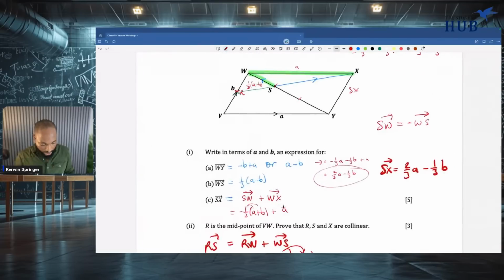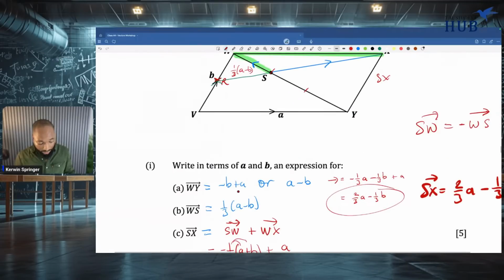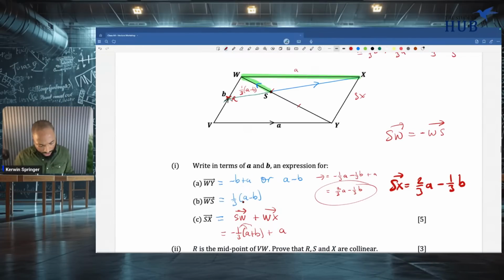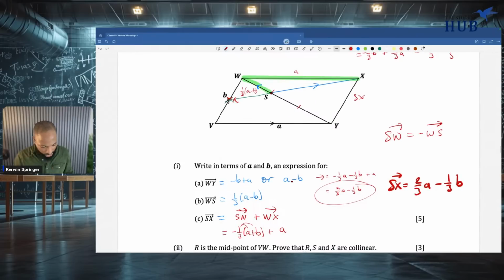Let's just recap. Negative B plus A, so this is A minus B. WS is 1/3 of A minus B. And SX, we use the negative.